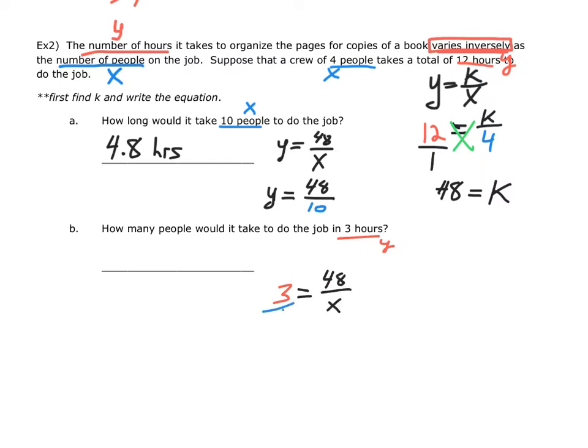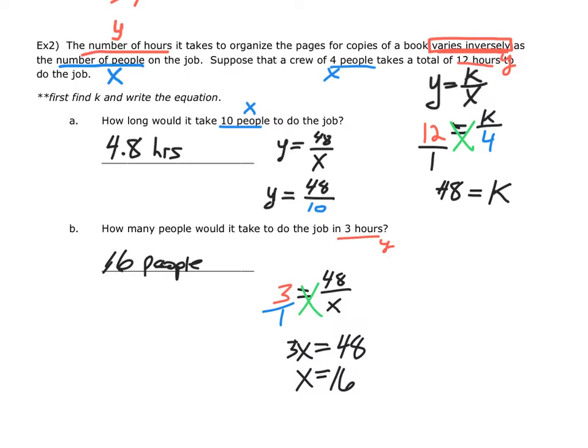All right, so I'm going to put 3 over 1 and then cross multiply to solve. So 3 times x equals, and you crisscross, 1 times 48. And when you divide the 3 out to solve for x, you get 16. All right, and so that is the number of people needed.